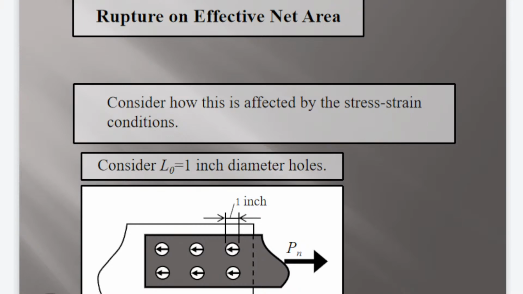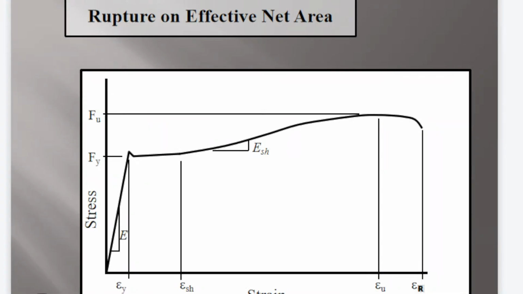Consider how this is affected by the strain condition. Consider length equal to 1 inch, diameter of holes. Okay, 1 inch. Let us take a look. If we have that, the same stress-strain diagram, again the same characteristic.